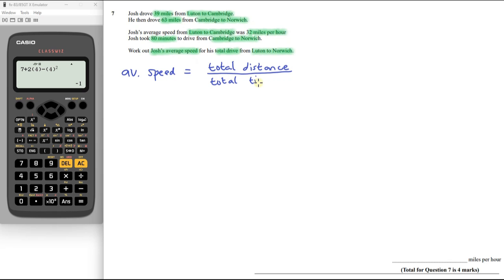Now, we can easily work out the total distance because we know that he travelled 39 miles from Luton to Cambridge and then 63 miles from Cambridge to Norwich. So the total distance is just 39 plus 63, which is equal to 102. So it's 102, and that is in miles. So that is the total distance.